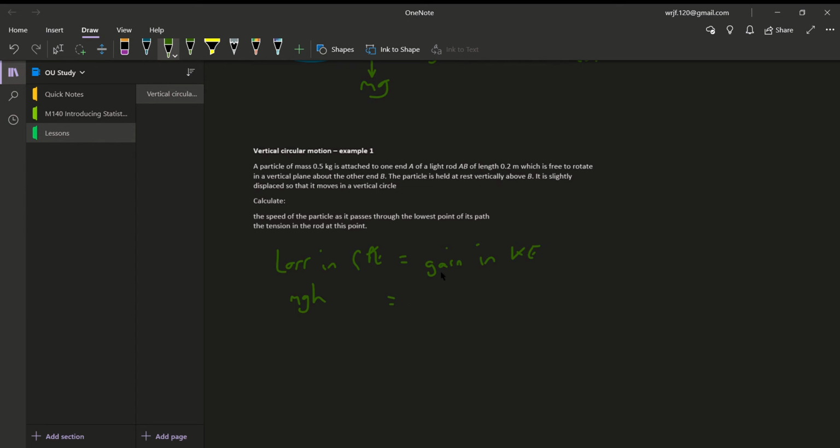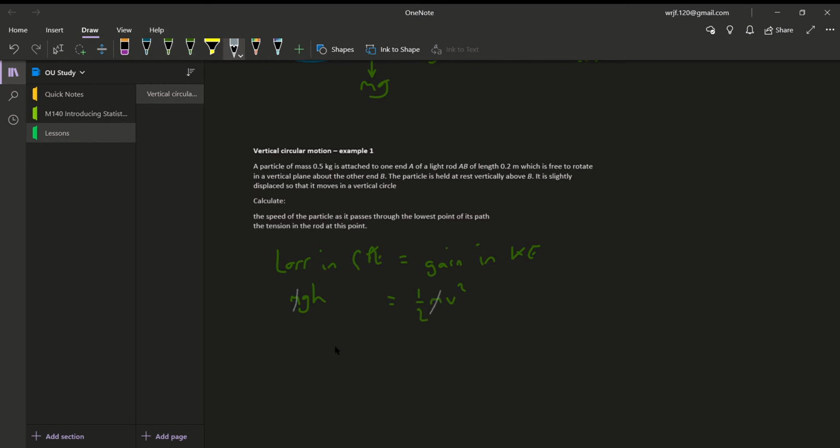With the slight displacement at the top and assuming 0 velocity at the top, the gain in kinetic energy is just whatever kinetic energy it has at the bottom, which is just going to be half mv squared. So we've got a nice straightforward equation balancing mgh with half mv squared. And in this nice simple one, the masses are going to cancel out, which is always nice.